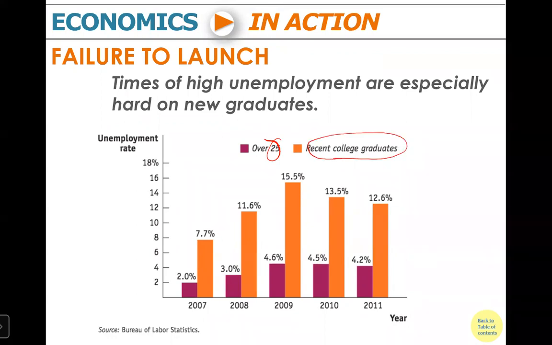So that refers to you in a couple of years. And then what we find is that the recent college grads are facing a much more challenging problem, right? Usually their unemployment rate is higher. But yes, part of it is because of friction, like I told you earlier.